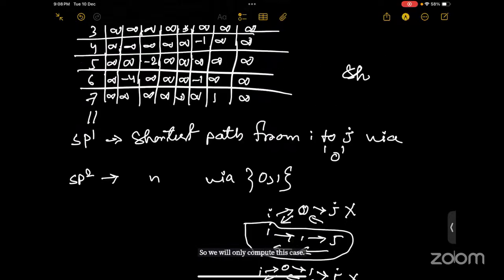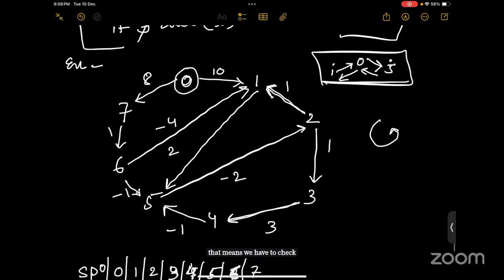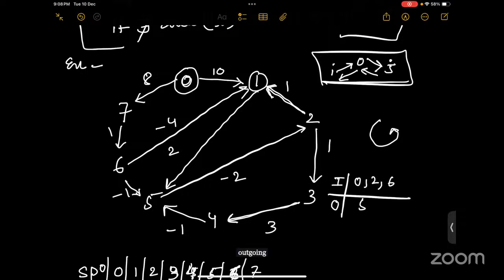That means we have to check the incoming and outgoing edges to 1. So 1 can connect 0 and 5, 6 and 5, and 2 and 5 only, right? Because incoming edges are 0, 2 and 6 and the outgoing edge is 5.